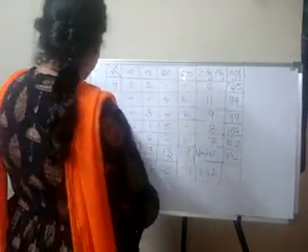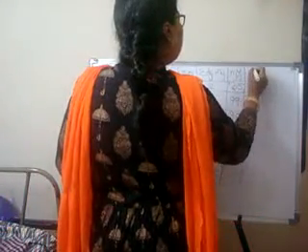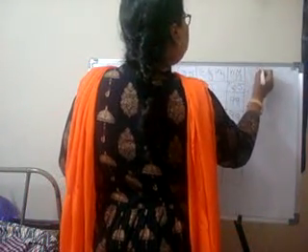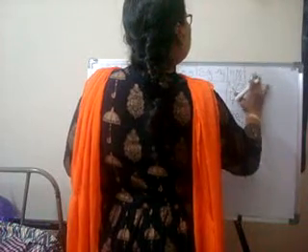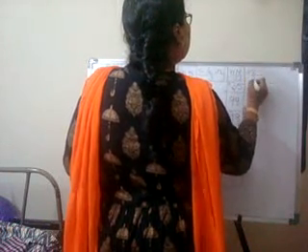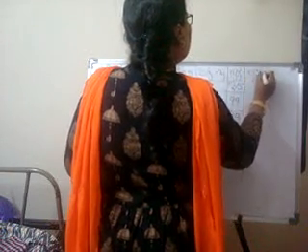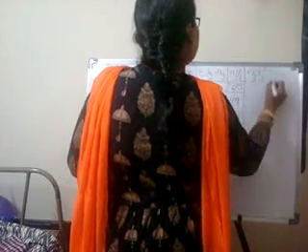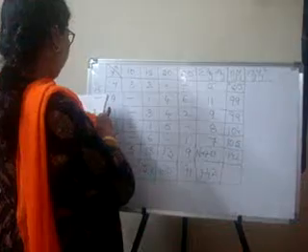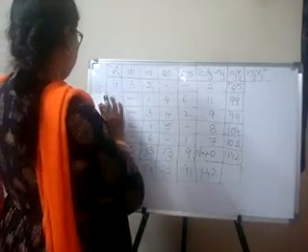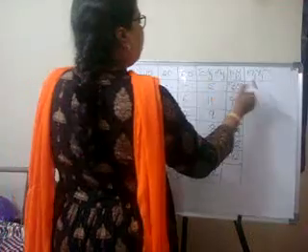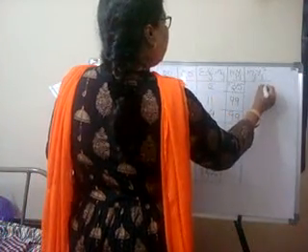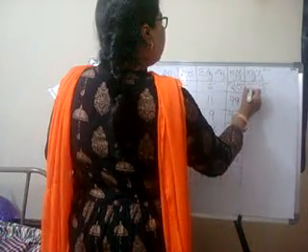Then Ti dot square by 35, 3 carry, 21, 2.